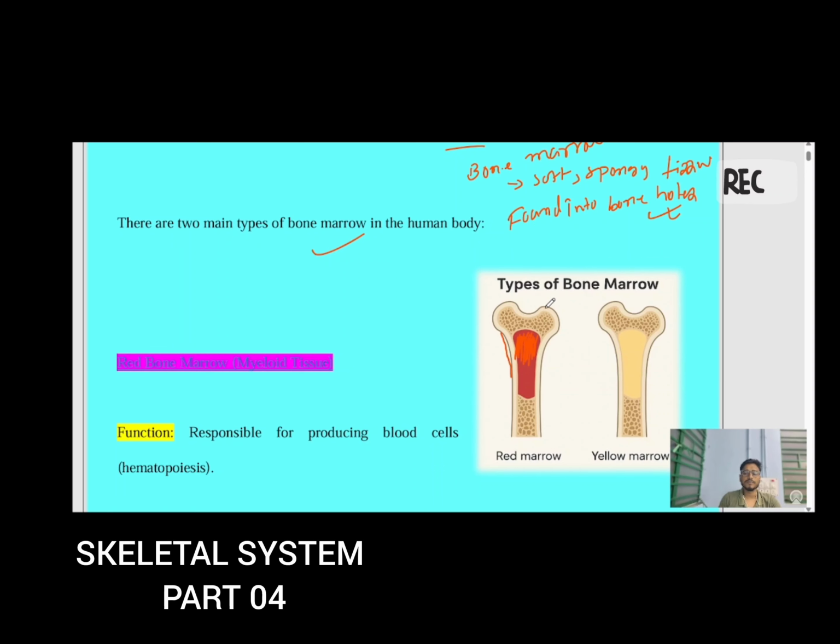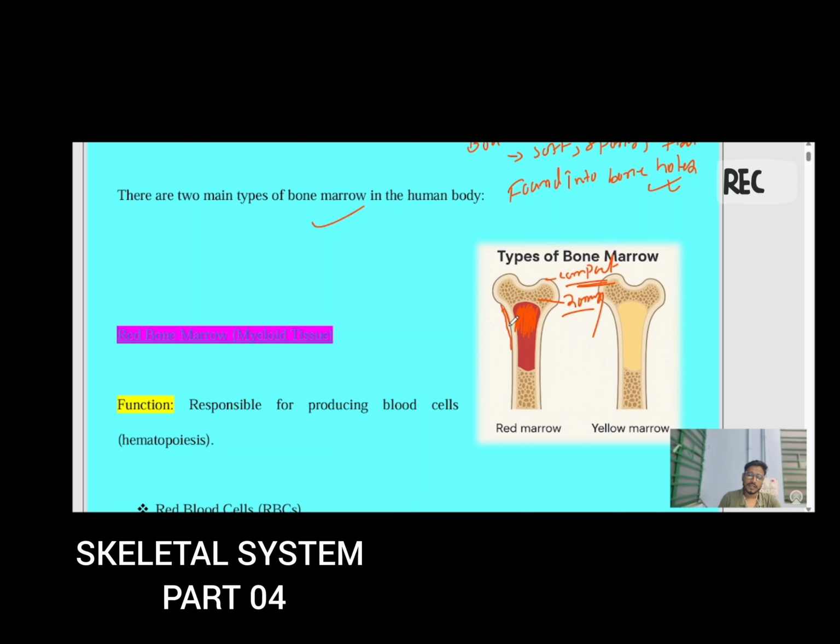If you have seen my video, there are two types: one is the compact bone, the outer layer, and the second is the spongy bone. In the holes of the spongy bone we find another soft tissue. It's called the bone marrow.